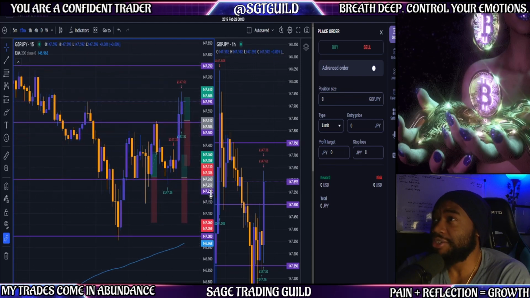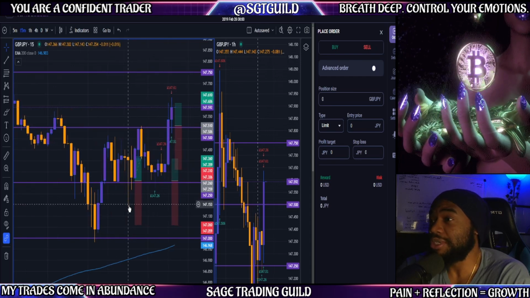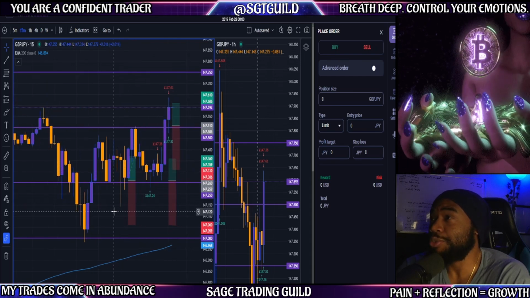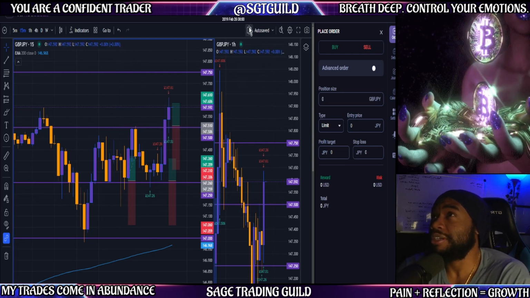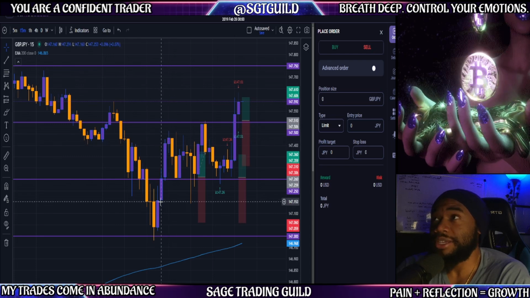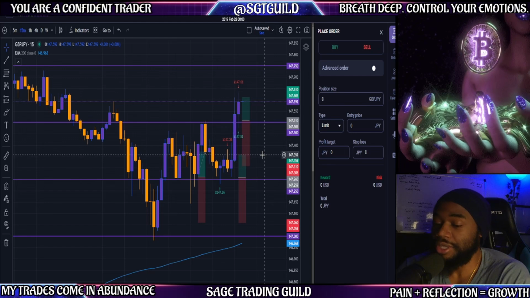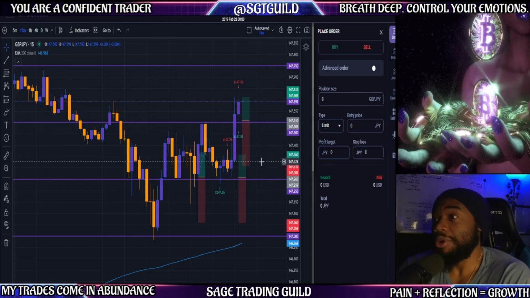Okay, so the way that I trade is I just go level to level, usually a quarter point level, and I'll make this 1 so it's easier to see. And this is essentially what I did continuously, and the only thing that changed was what was happening in the market.